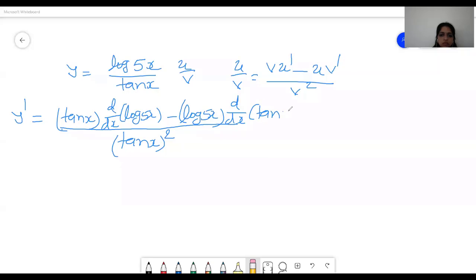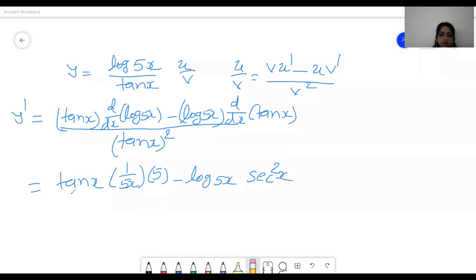So the derivative of log phi x is 1 upon phi x, by applying chain rule into phi, minus log phi x, the derivative of tan x, that is sec square x, whole divided by tan x whole square.